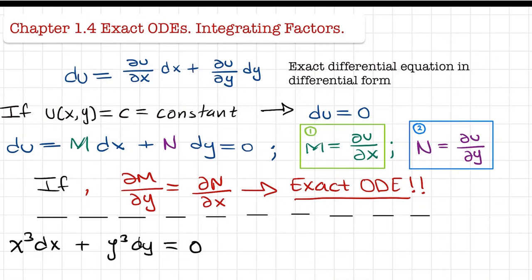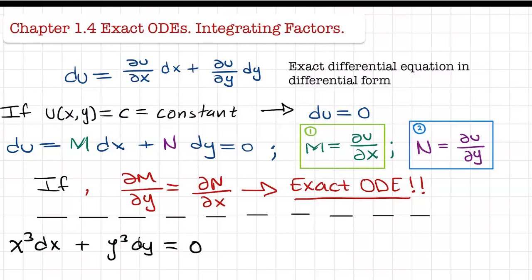And if the partial derivative of M with respect to y equals the partial derivative of N with respect to x, then they can be considered an exact ODE. And the way we solve them after is solving for u using the formulas that we have over there, number 1 and number 2. So let's look at this example.